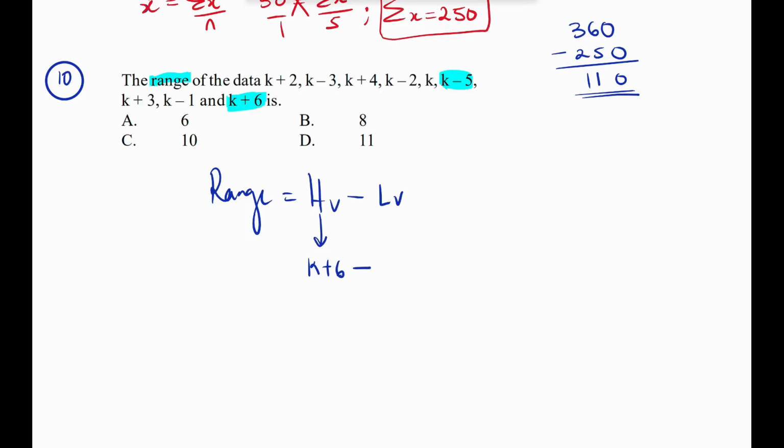Since we have an expression k minus 5 and there's a negative in front, make sure you put that in brackets. So we get k plus 6 minus (k minus 5). In algebra, you know that k minus k cancels out. Then what do we have left? Plus 6 and plus 5, which simply gives us 11. And the answer is D.